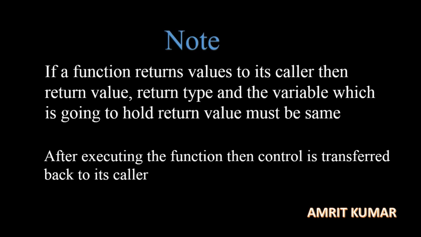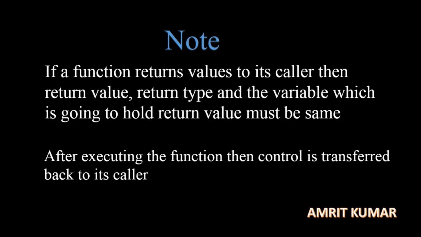I have a point for you about all these things: if a function returns a value to its caller, then the return value, return type and the variable which is going to hold the return value must be the same, and that is a very important point.